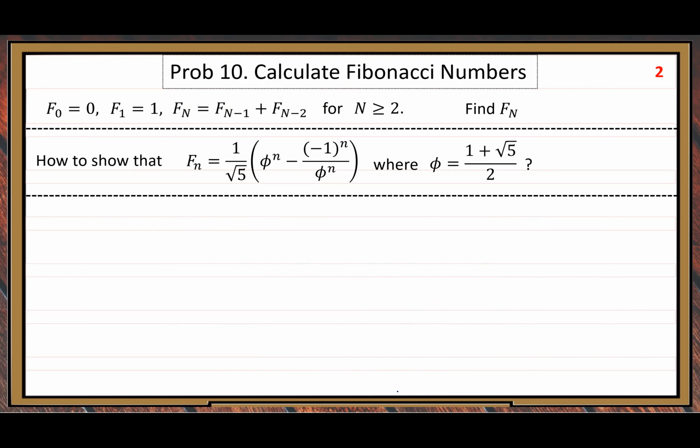Next. Now it becomes harder and harder. What should be the next step? It's not enough to only verify the first 3 cases. We need to verify all the cases, right? For all the cases, some of you may relate it to mathematical induction.